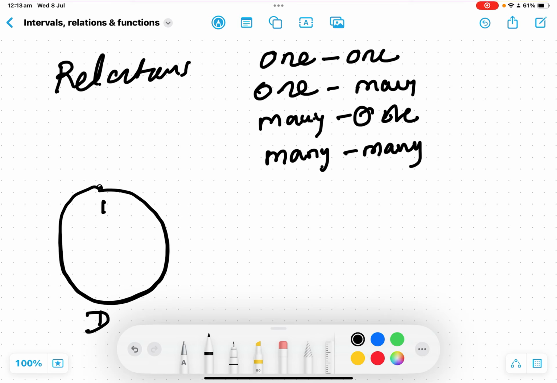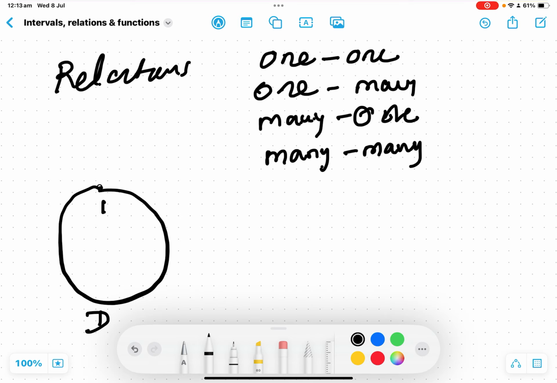It has 5, 4 and 3, and 1 is related to 5 and 2 is related to 3 and 3 is related to 1. 3 is related to 4, and this is called one to one relation, because for any element in the domain, there's only one element in the range.